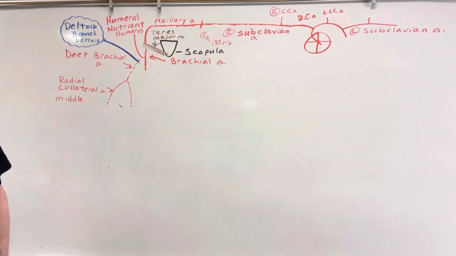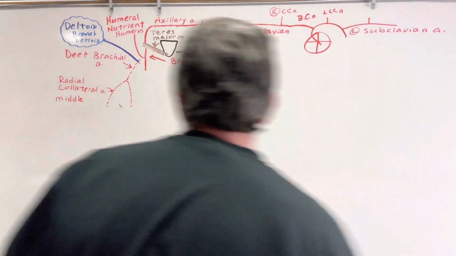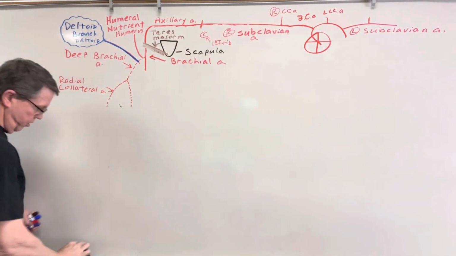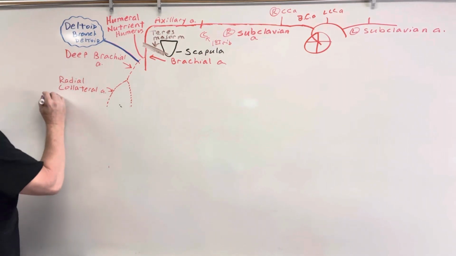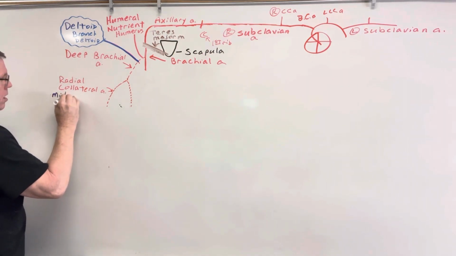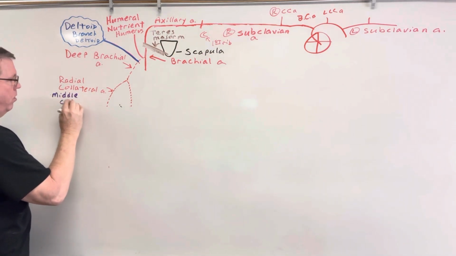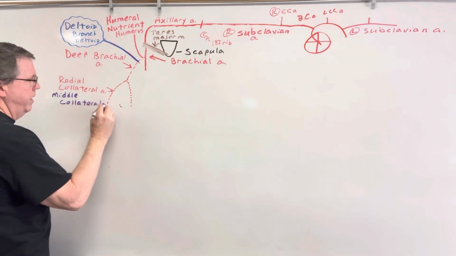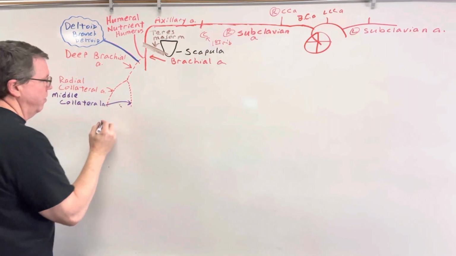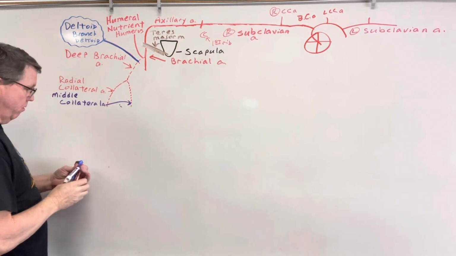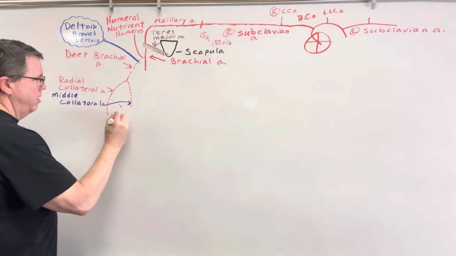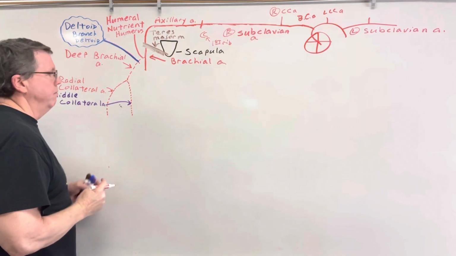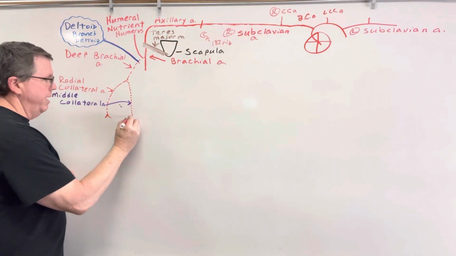Let's go with purple, just to make it easier to distinguish what this is. So this is going to be my middle collateral artery right there. So now I have my radial collateral artery, and I have my middle collateral artery right there. We'll come back to these in just a minute.